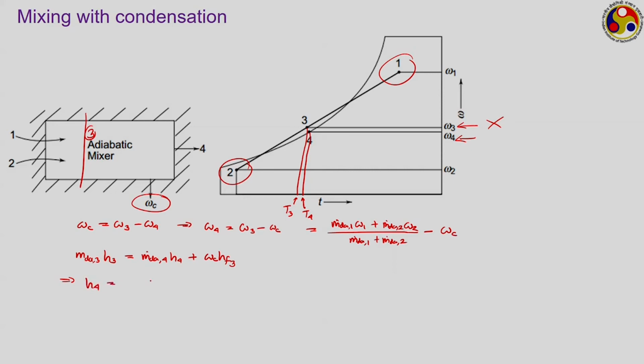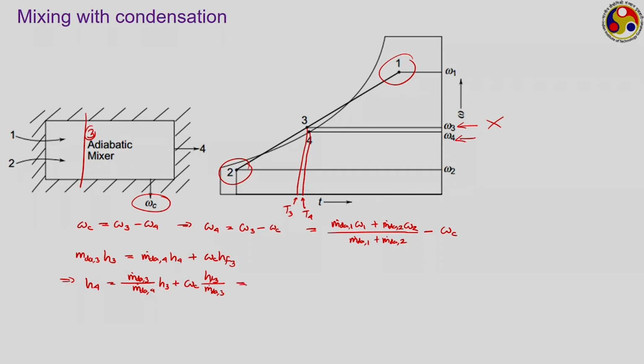So, your H4 is now m dot dry air 3 upon m dot dry air 4 into H3, plus omega c into Hf3 by m dot dry air 3. Now, m dot dry air 3 and m dot dry air 4 are the same, because there is no change in the dry air quantity during this condensation process.